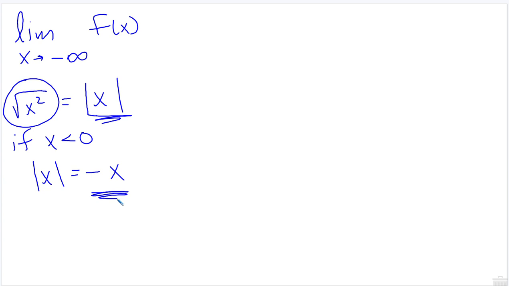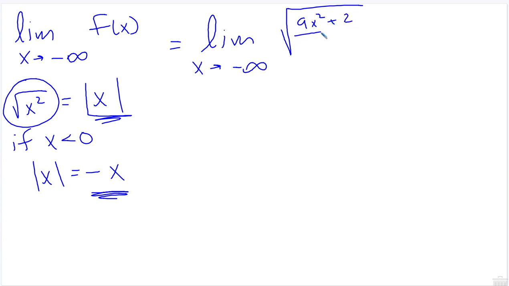And so I can't just write my limit out here now: the limit as x approaches negative infinity of the square root of 9x squared plus 2. When I do my x squareds here, that's fine. But when I have my 4x plus 3, I can't divide them by x because I didn't divide the top by x.